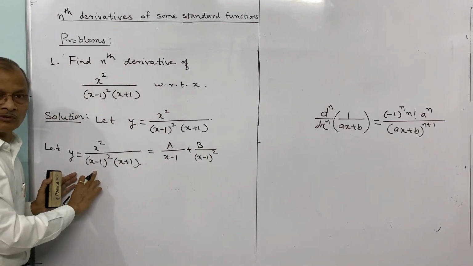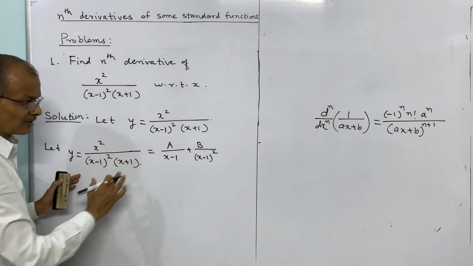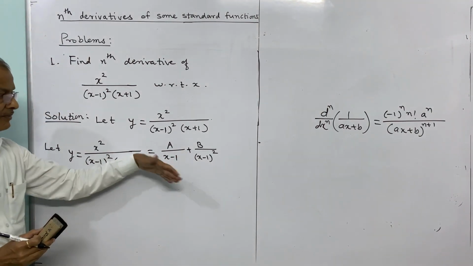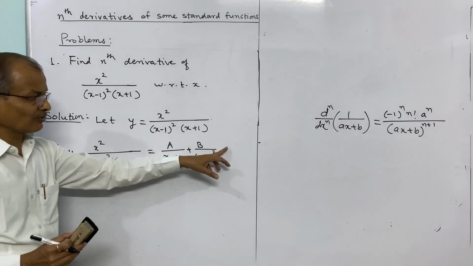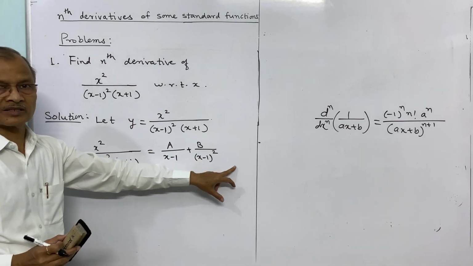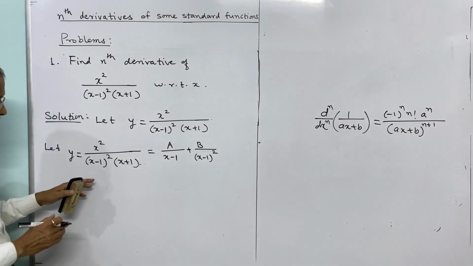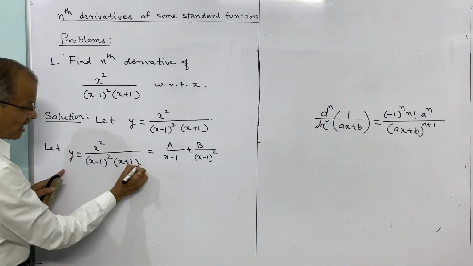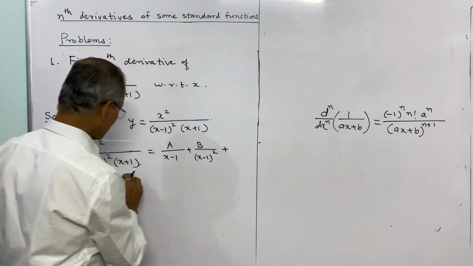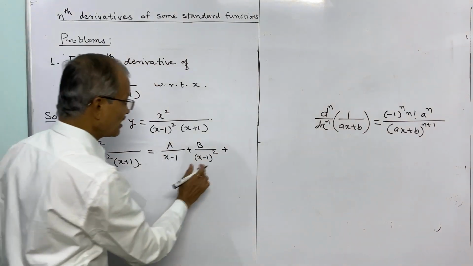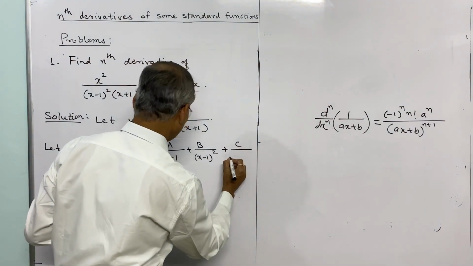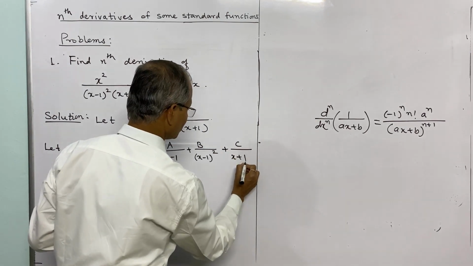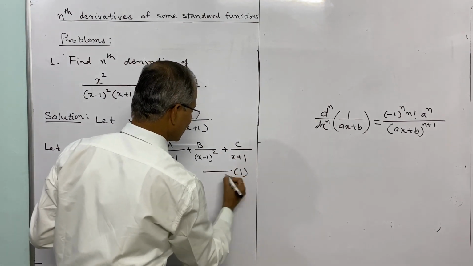If it is repeated 2 times, 2 fractions should be written in this way. If it is repeated 3 times, then one more will be there, plus c divided by x minus 1 cube. These are the fractions corresponding to this factor, and plus, this factor is not repeated and linear, so c divided by x plus 1. We suppose this as equation 1.